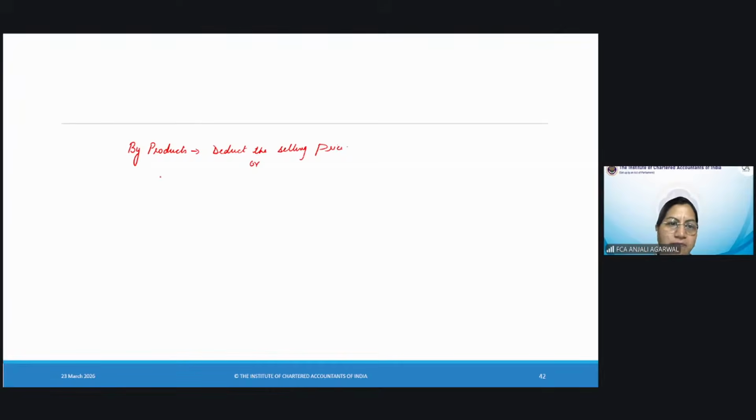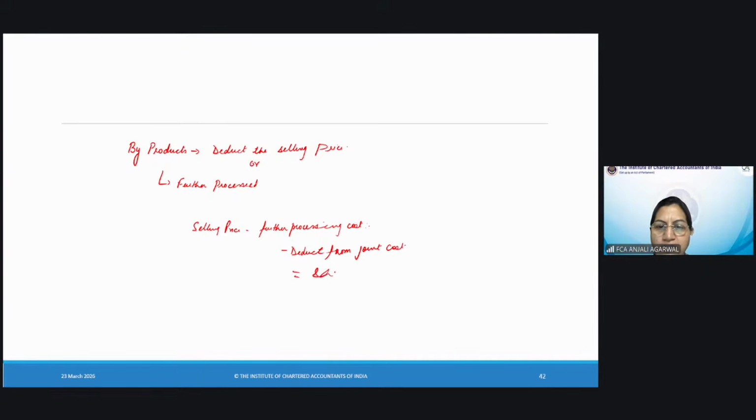Or if byproducts are also subjected to further processing costs, then you can take the selling price minus further processing cost, and this amount will be deducted from the joint cost to find out the share of joint cost in the main product, which will give you the share in joint cost for the main product.